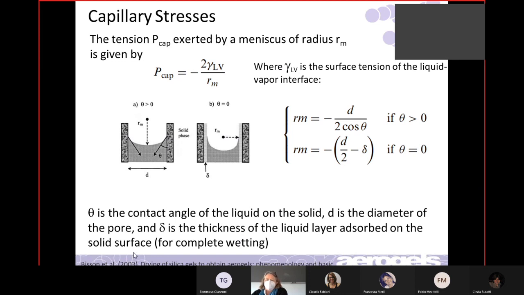And delta is the thickness of the liquid layer adsorbed on the solid surface for complete wetting. I'm going to show you some numbers so that maybe you'll believe me that it's a hard problem. It's related again to that surface tension and the size of those pores. When the pore size is really small, Rm is really small and P is really big. That's the problem that we face when we're trying to do this drying.